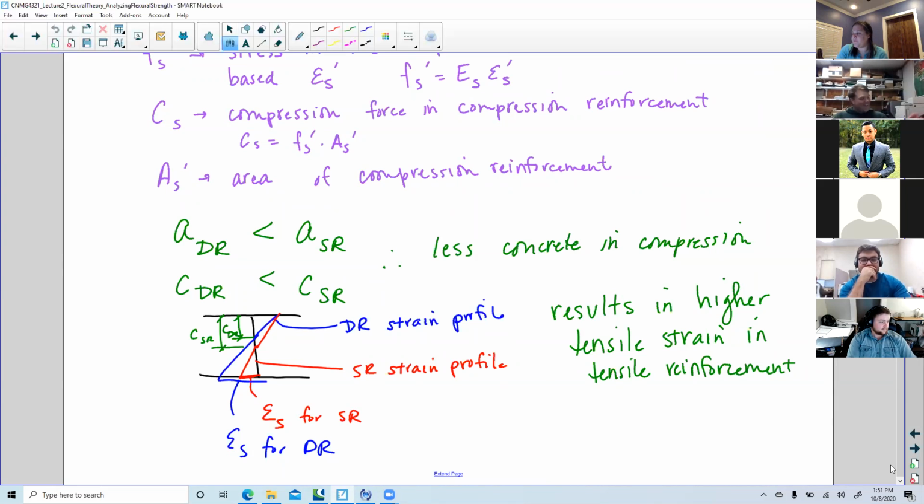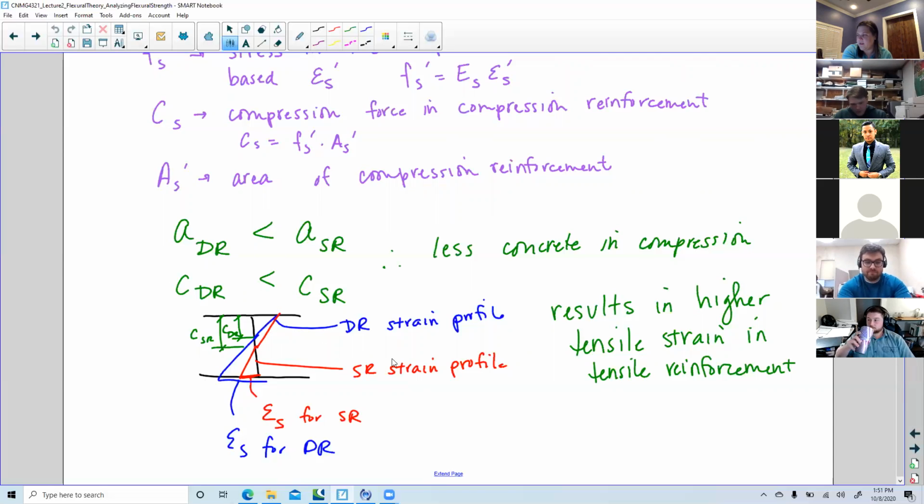Just looking at the effect of adding compression steel on the depth of your neutral axis, it decreases it so that you increase your strain in your tensile steel.